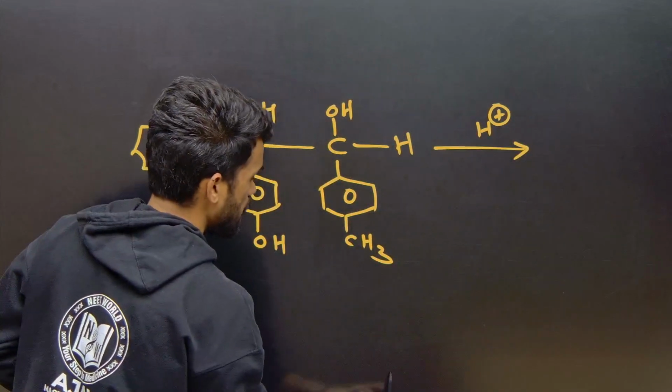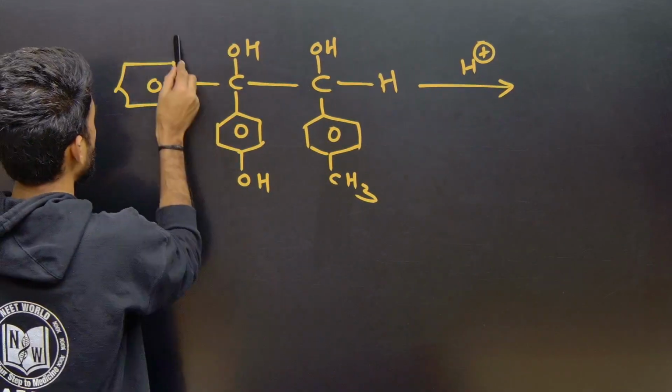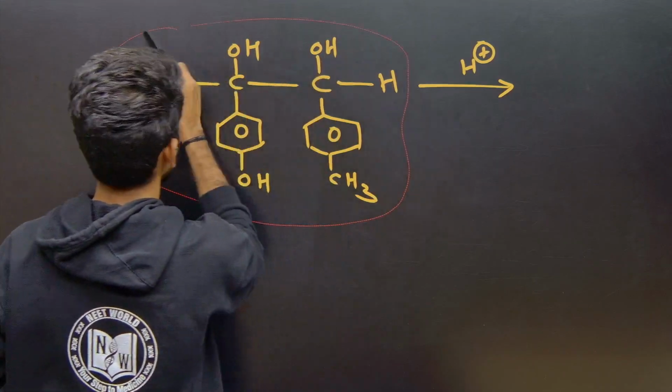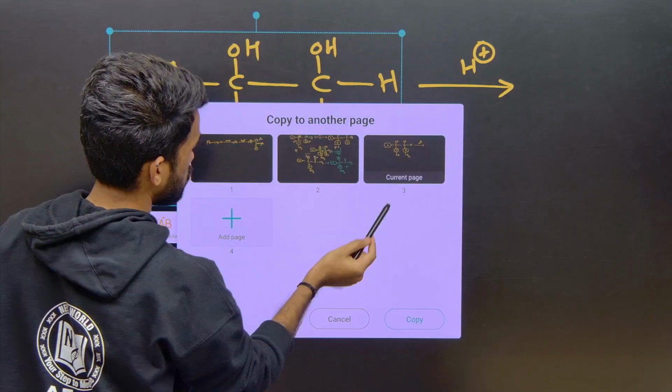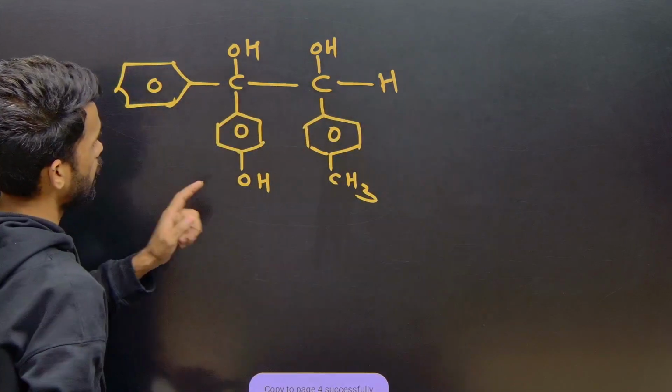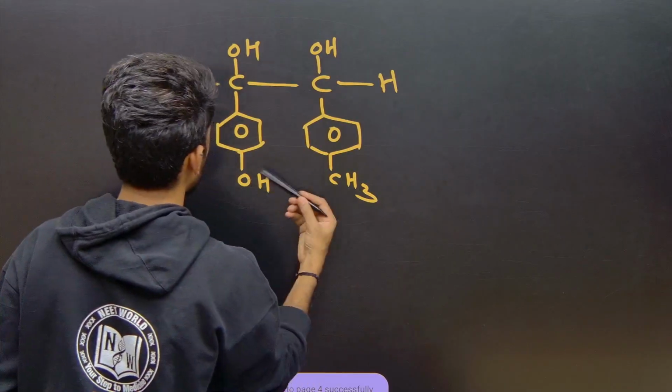In the second reaction I will be making a copy of it. So this is the first question and this will be the second question. I will be changing the groups here.